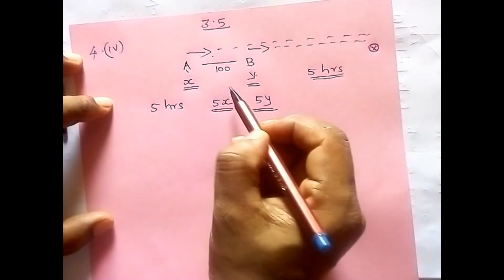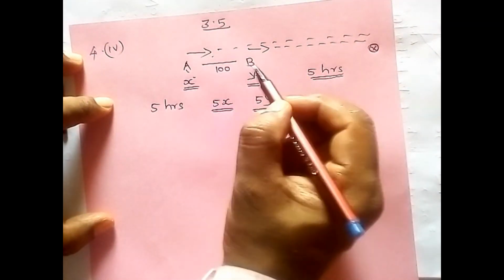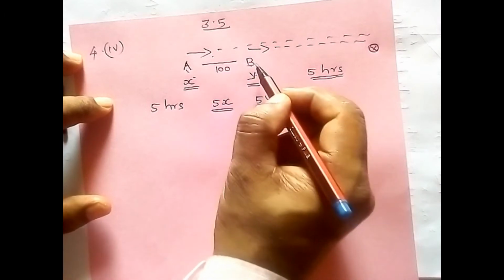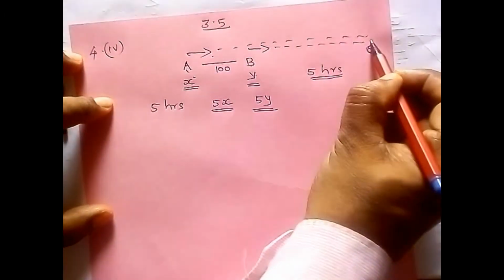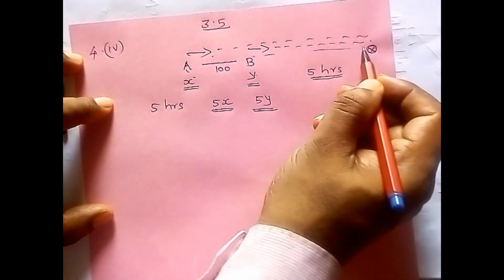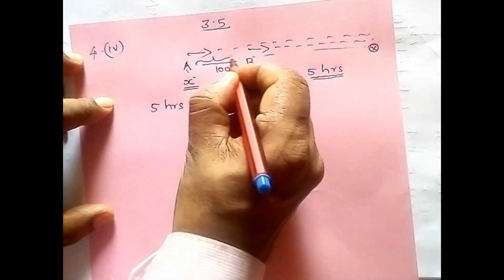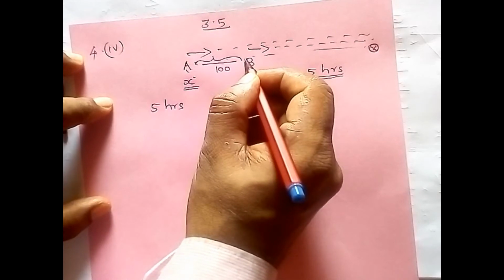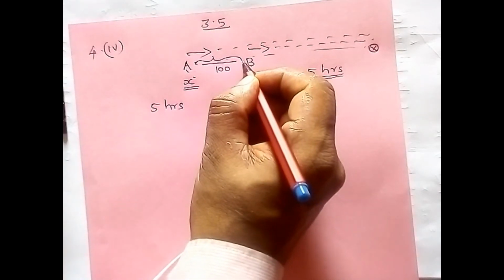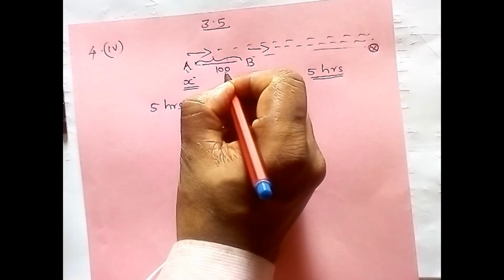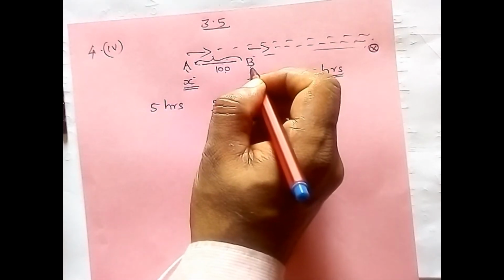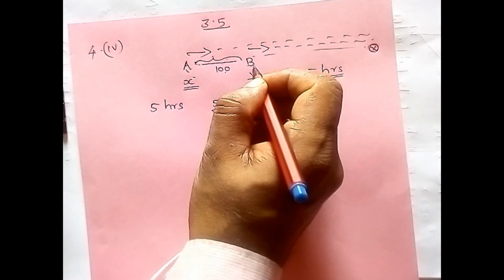Now tell me one thing. What is the difference between the distance traveled by A and B? A has traveled this distance and B has traveled this distance. So this much distance is the difference between the total distance traveled by both cars, and that is 100, because these 2 points are 100 km apart.